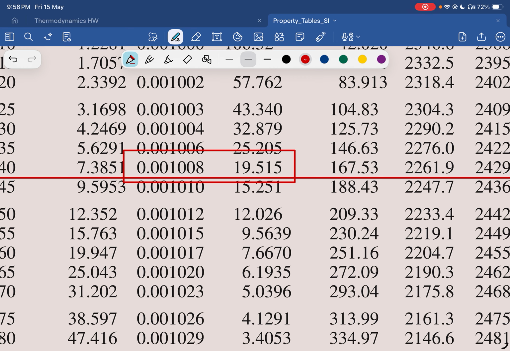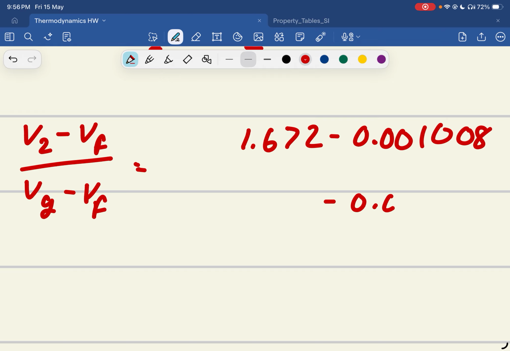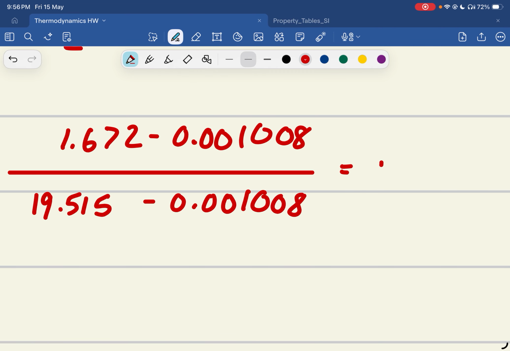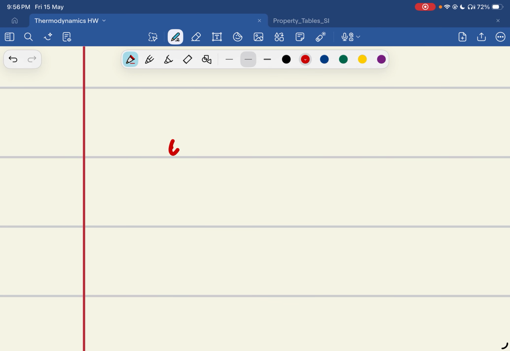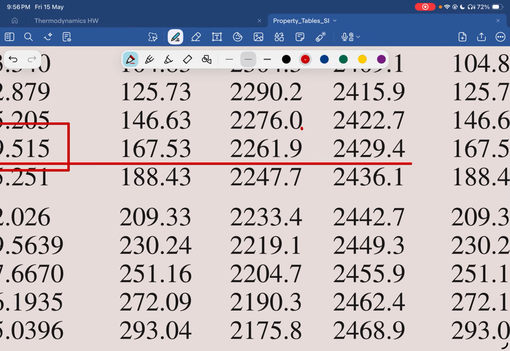And our quality would be 0.0856. From the quality we can find u2, which is x times ufg plus uf, and those values are over here.